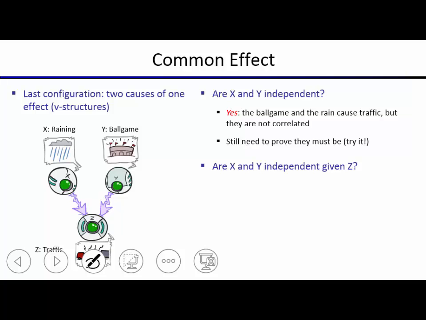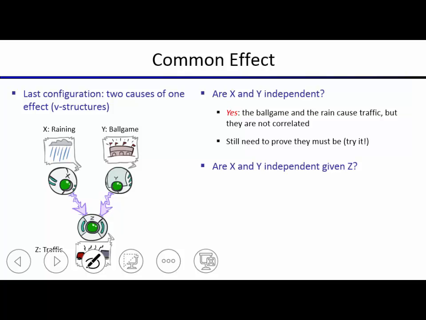Now next, I'm told it's raining. Okay. Now, I just thought, well, traffic is high. This means likely there must be some rain or a ball game or both, because that's what tends to make traffic high. But now I know it's raining.